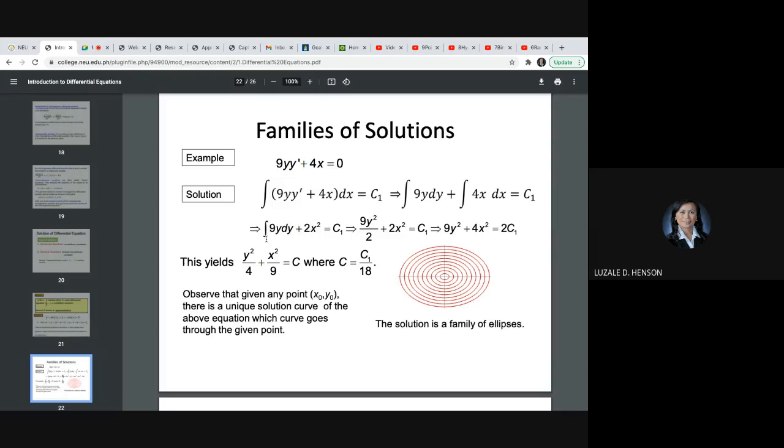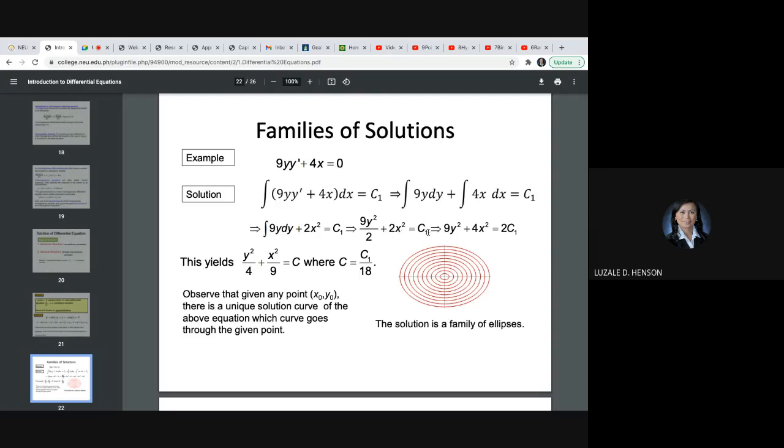So, mag-i-integrate ka na ngayon. The integral of 9y dy is 9y squared over 2. The integral of 4x is of course 4x squared over 2, but 4 over 2 is 2, so meron kang 2x squared.